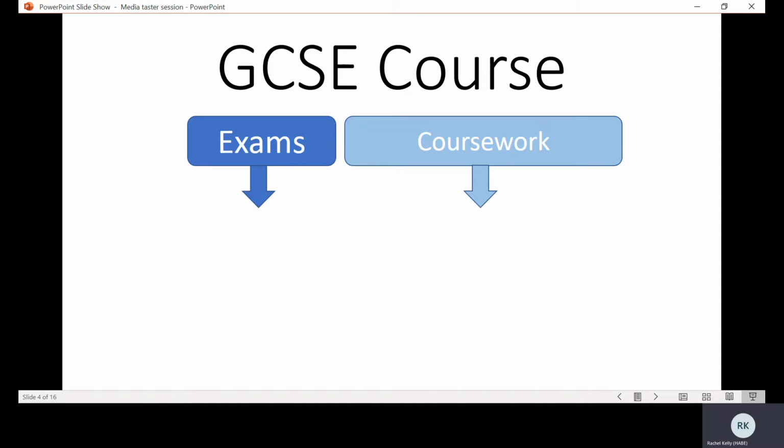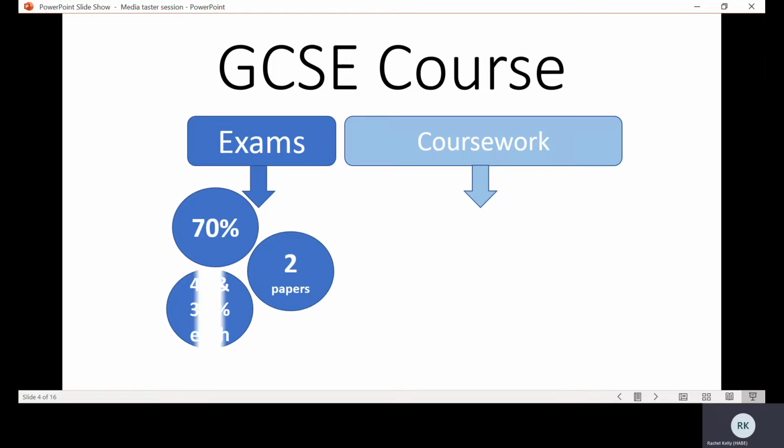So the GCSE course is made up of 2 exams and coursework. The exams make up 70% of your mark. There are 2 exam papers, and one is 40% and the other is 30%. So that's what they're worth. Component 1 is worth 40%, so that's the majority of the grade for the exams, and the second component is worth 30%.